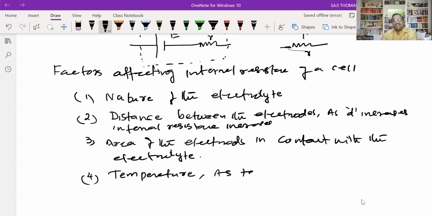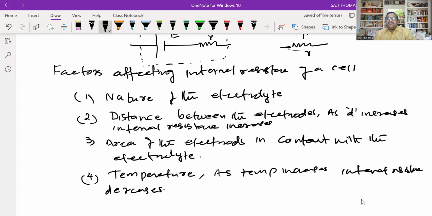As temperature increases, internal resistance decreases. You might have observed that starting a car engine is easy in the summer season, while in winter we have to try more than one time. Why? In summer, temperature is high, so the cell's internal resistance will be less.